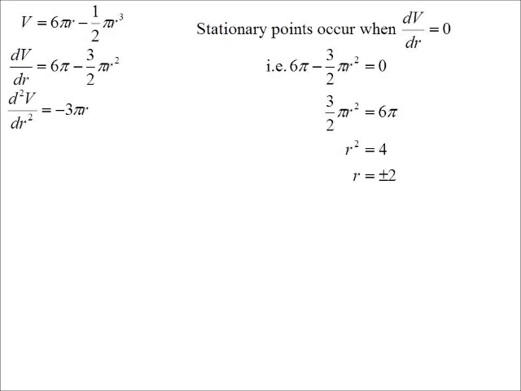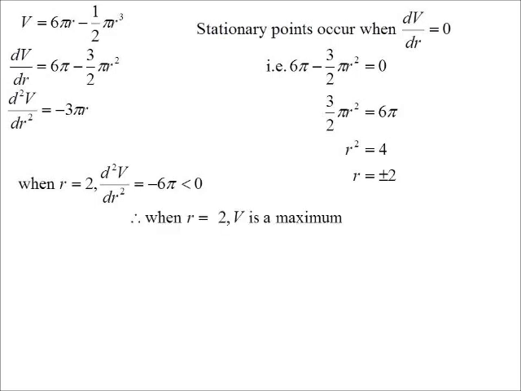No. That's not the reason why. Why would you pick positive 2 rather than negative 2? Yeah, it'd be pretty hard to build that bucket with a negative 2 radius. So I'm not going to worry about negative 2. I'm going to test the positive 2. And sure enough, I get that the second derivative is negative, which confirms it is a maximum.